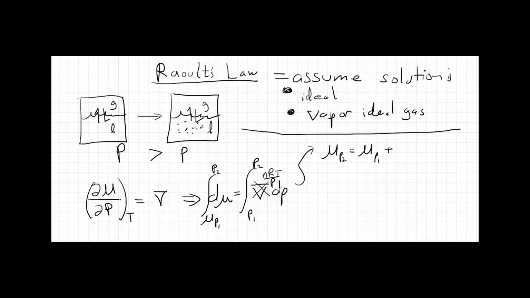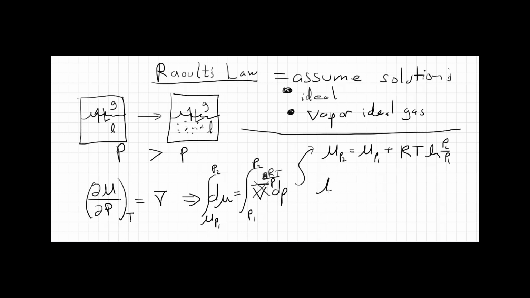And when we do that, we can pull the nRT out. It's molar volume, so we don't need an n there. We pull the RT out, and we end up with this expression, RT, and then it's just going to be the logarithm of P2 over P1. Okay? And normally what we do is we use as a reference the gas at 1 bar.